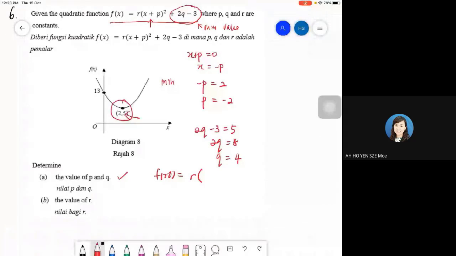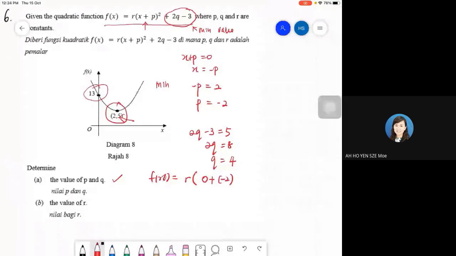Ataupun you can get from here. Ambil titik ni, titik yang intercept Y. When intercept of Y, apa yang jadi kosong? X jadi kosong kan? So ini adalah 13. So kita ganti masuk. X adalah kosong. Tambah dengan P, apa tu P? P dah dapat tu negatif 2. Kuasa 2.